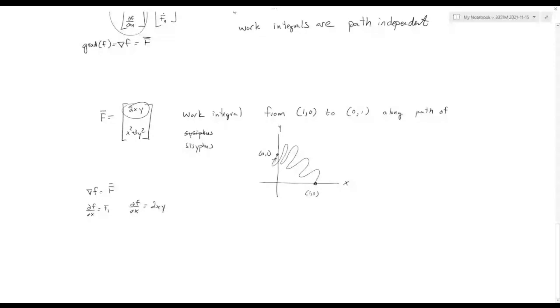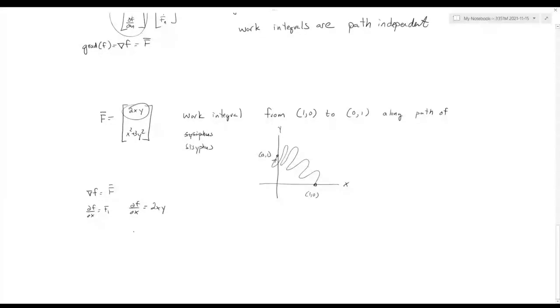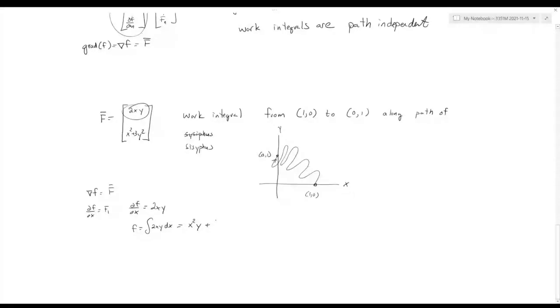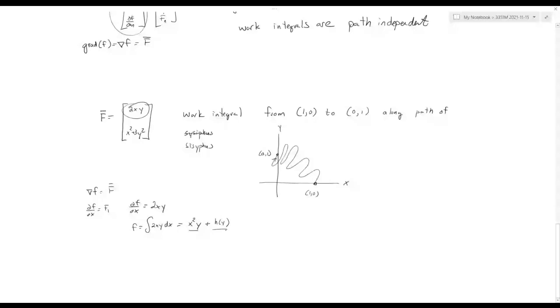So you can recover f by anti-differentiating with respect to x. We're treating x and y as independent variables. So this gives you x squared y plus some constant, except it's not a constant, it's a function of the other variable. And we know that's right because if you differentiate this with respect to x, this is just a function of y, so you get 0. And you just end up with 2xy, so that's the correct antiderivative.